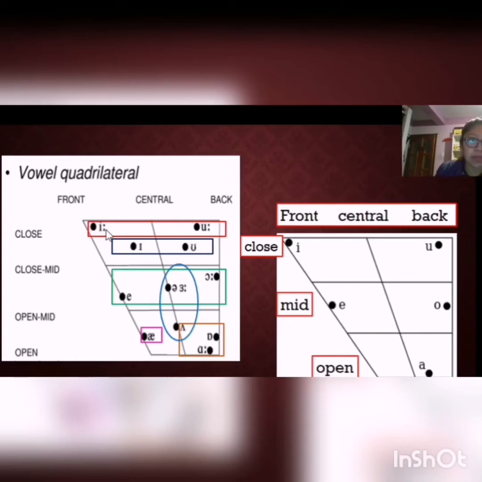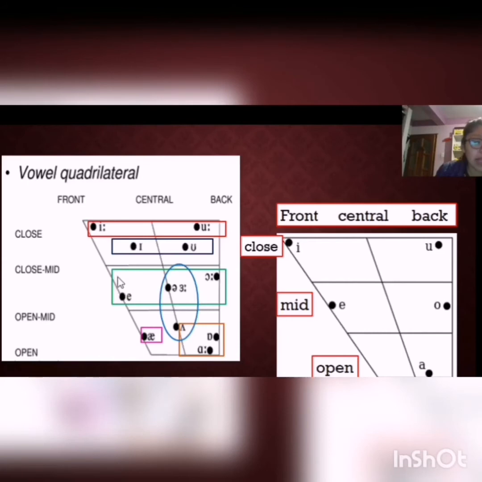Because of the column, as we said, one is a long vowel, but the other is a short vowel. Although they have differences in duration, in quantity, they are also different in quality. Why? Because this one is front and is close, but this one is retracted and close mid.